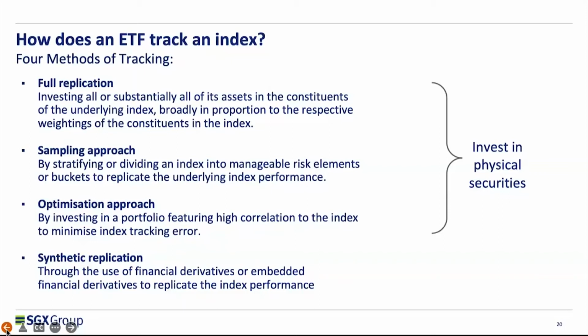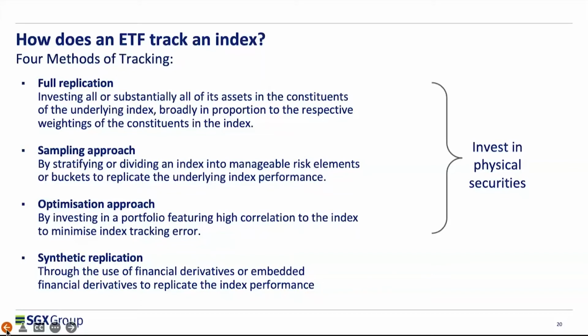Full replication simply means that whatever the index dictates in terms of the component percentages, the ETF will invest in exactly the same manner. And we call that full replication.